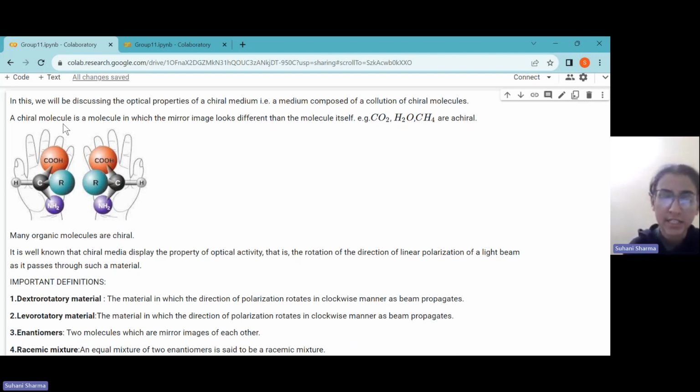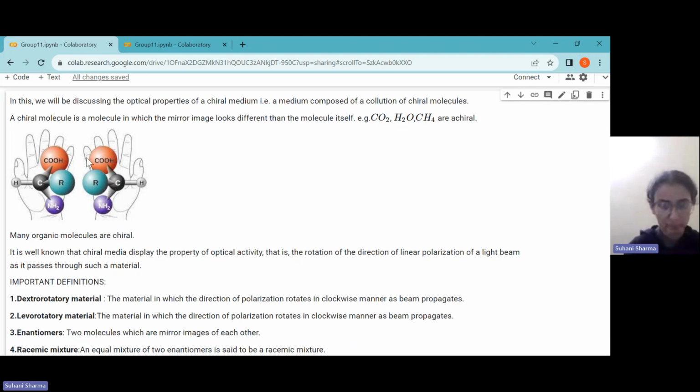And we know that CH4, CO2, H2O are achiral molecules. But we have a lot of chiral molecules, for example some organic molecules, like the given molecule here.